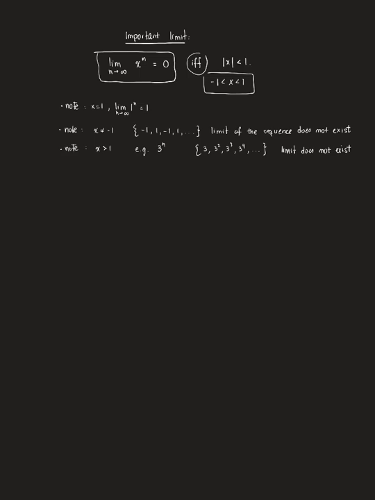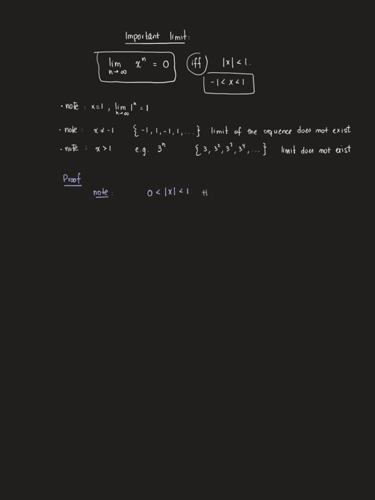Okay, so the first thing that I want to note in our proof, I'm going to start the proof by writing a note that we'll come back to. Let's suppose that x is between 0 and 1, in absolute value.